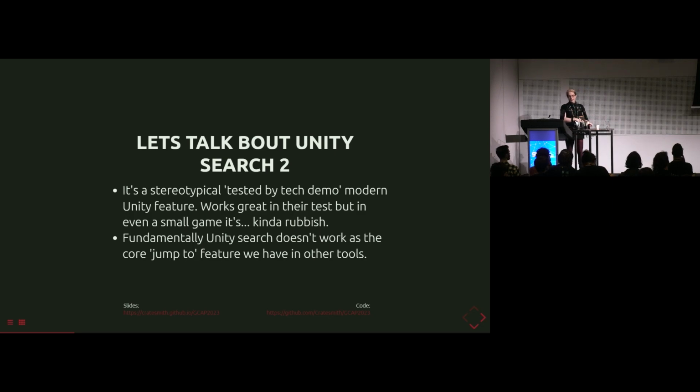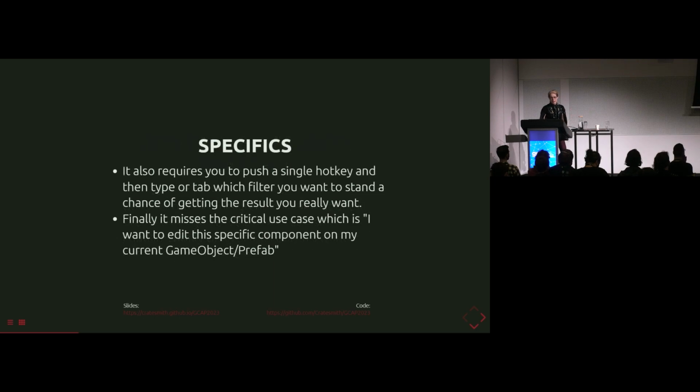It works great in tests and marketing demos, but fundamentally, it's kind of rubbish when you throw it at anything moderately sized. Especially if you start typing in the main search and you've got a scene open that's got art assets in it, you're not going to see the thing you're after. And fundamentally, it doesn't work as the core jump-to tool that we use in other packages.